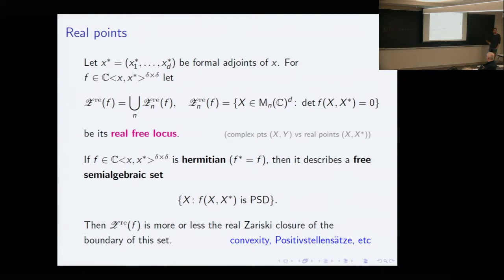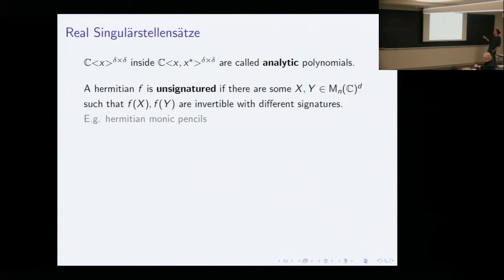So how does the theory from before, when we were involution free without any stars, translate into this setting? Well, to some degree it does. First of all, whenever I see a polynomial in x and I treat it as a polynomial in x and x star, I'm going to call it analytic because it has no x stars.